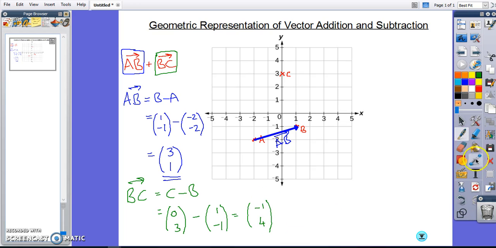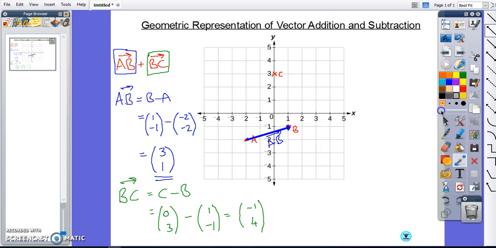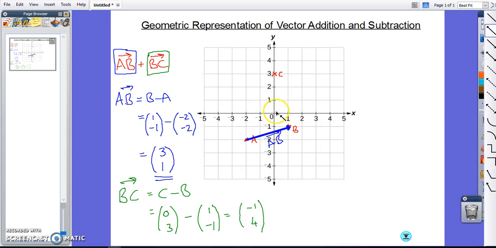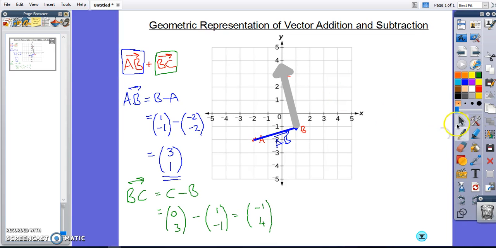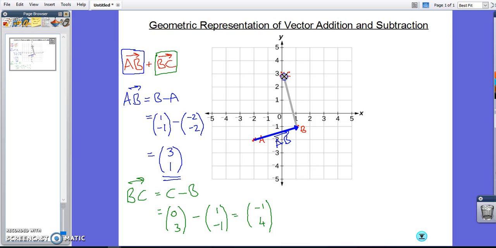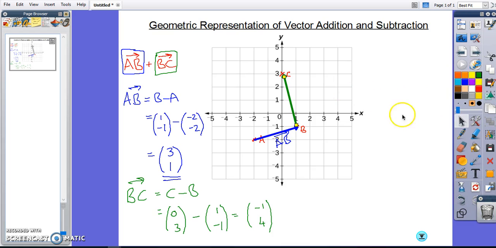And let's just check that. Negative 1 in the x direction, 4 in the y direction, gets us from B to C. So, oh, that's an extremely thick line. Let's make that a little bit thinner. There we go. And that's our vector from B to C.